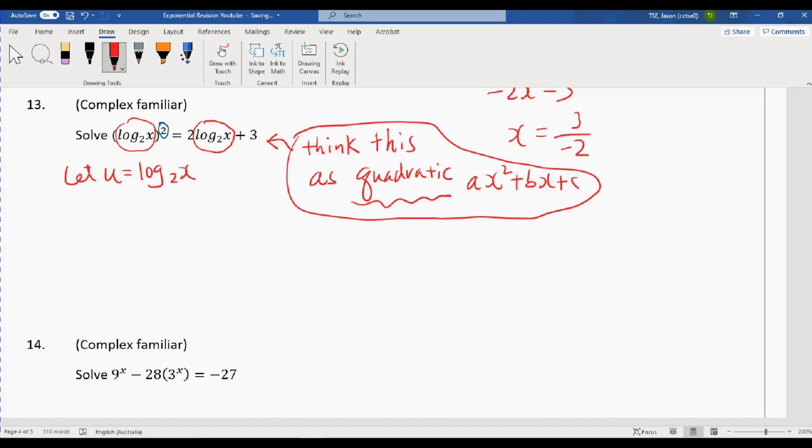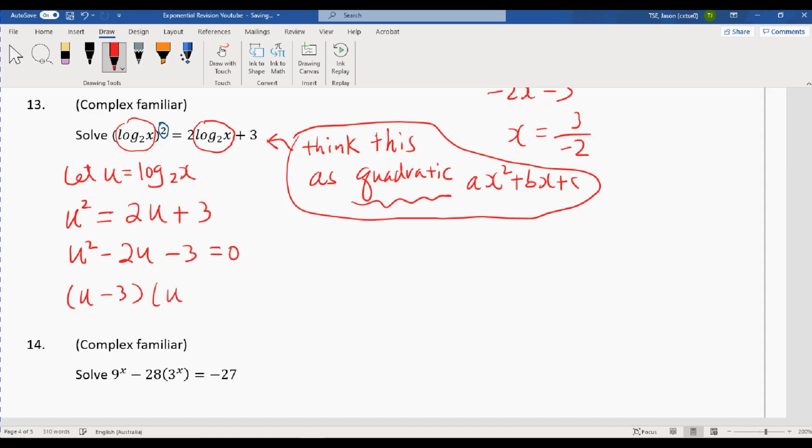The left-hand side, because you now use u equals logarithm to the base 2 of x, becomes u squared equals 2 times u plus 3. So you just move the terms to the left-hand side. Right now it is in quadratic form. You can use your cross method or method of decomposition, whatever you like.